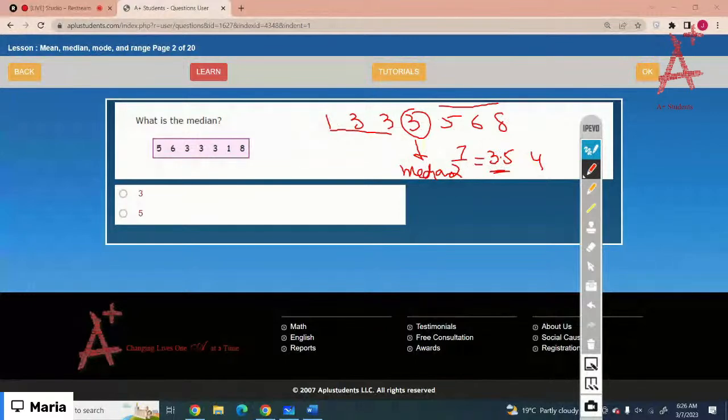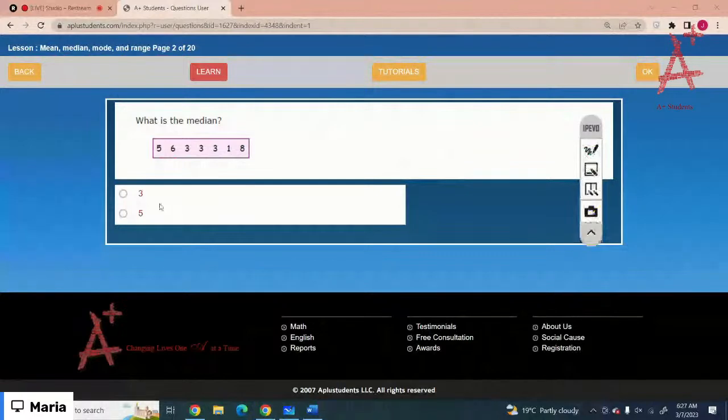But first you have to arrange the numbers from least to greatest. Got it, everyone? The median is 3.